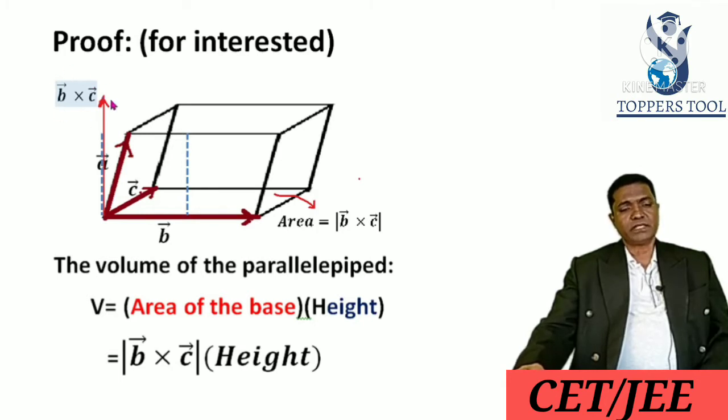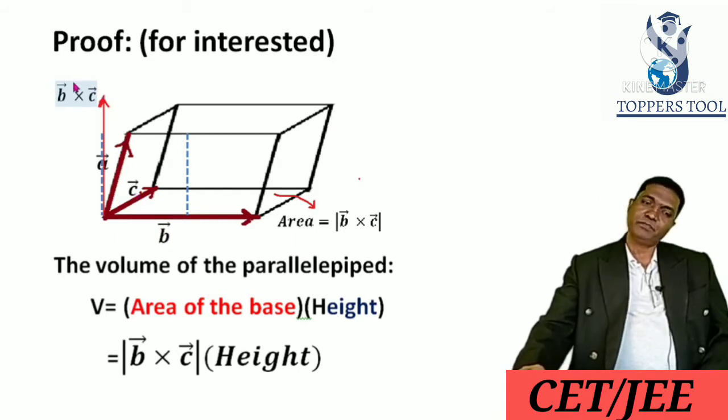The cross product of these two is the vector perpendicular to both B and C. If you find the projection of A on this vector, meaning this distance, that is the height. Projection is the distance between the feet of perpendiculars.